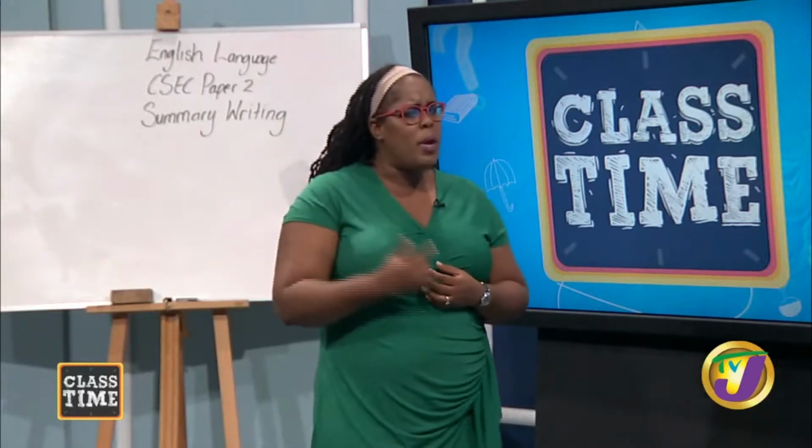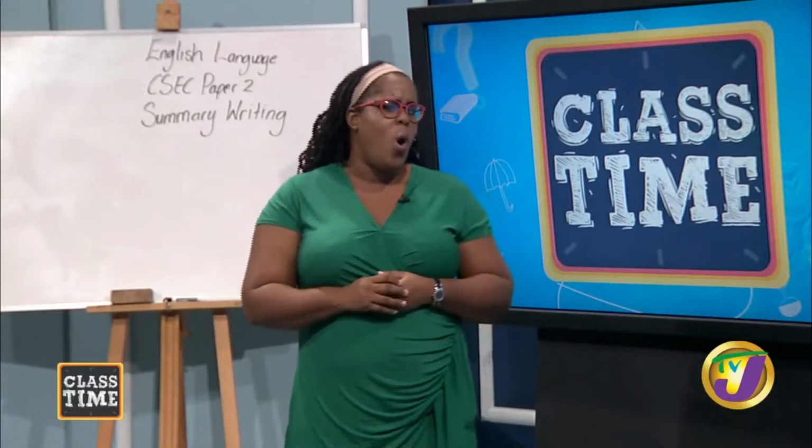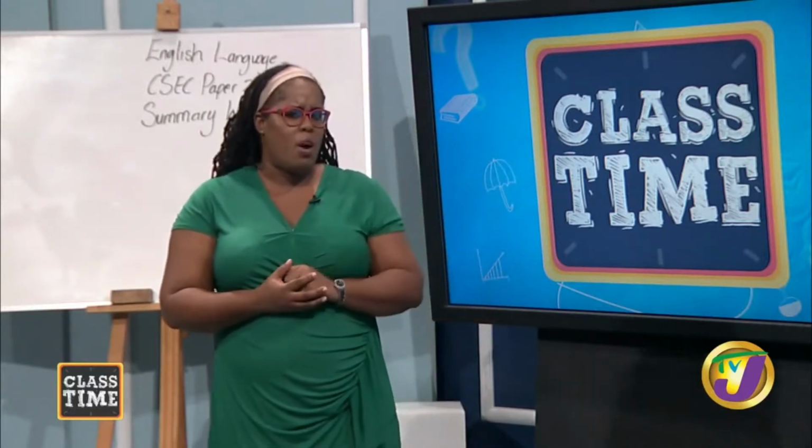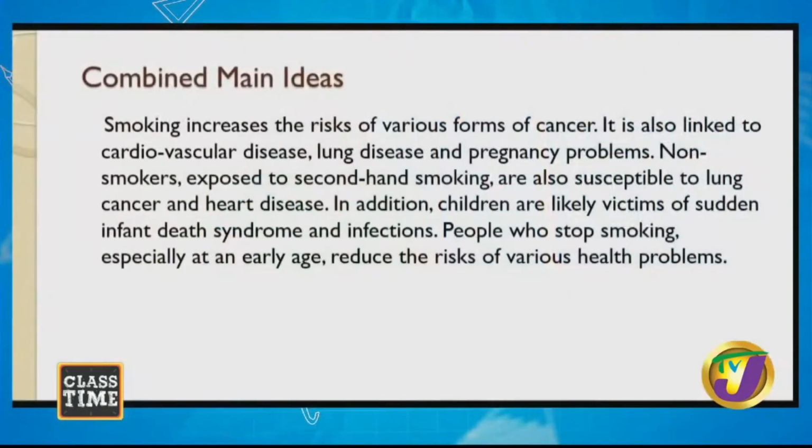Now, can you pinpoint a transition word or phrase that was used in the combined main idea? Look at it and see if you can identify the transition word or phrase that aided the combined main ideas to be coherent. Right? A second or two just to see if you can find it.